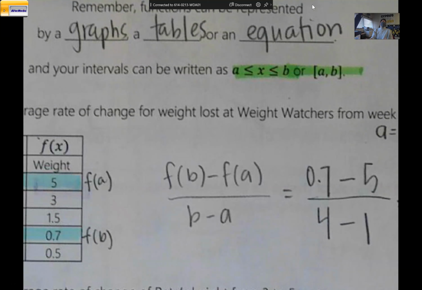And this is telling me that the average rate of change was negative 1.4 pounds per week. Why is it negative? Because we lost weight. We're going to Weight Watchers, so we lost weight. So this is telling us, on average, we lost about 1.5 pounds per week.